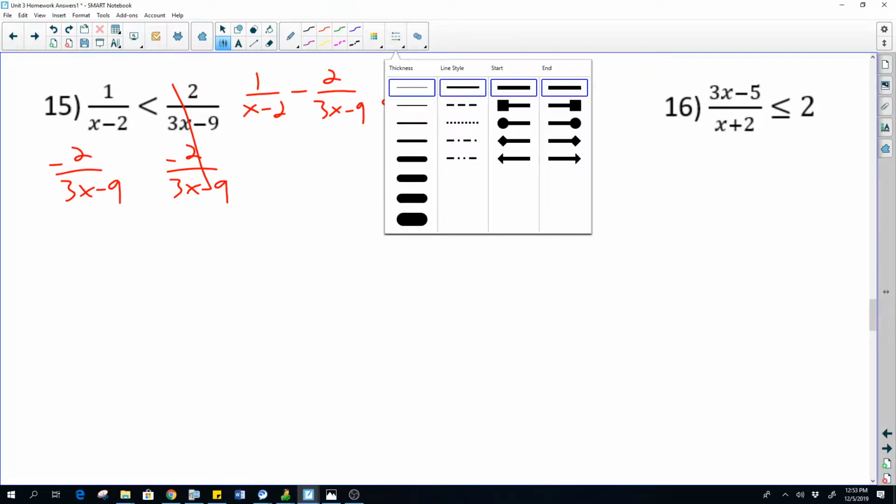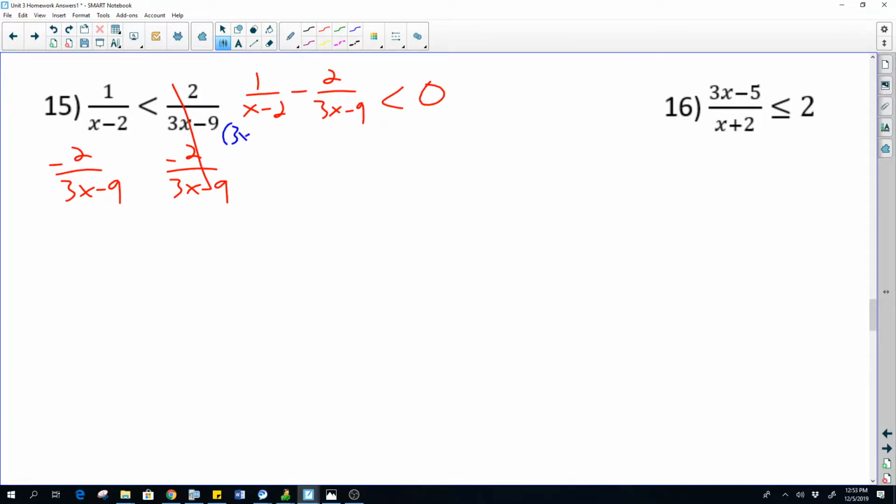So this side needs a 3x minus 9. So we're going to multiply 3x minus 9 times this x minus 2. And if you do it to the bottom, you have to do it to the top. And then on this side, we're going to multiply the x minus 2 on the bottom and the top, so we can get a common denominator.